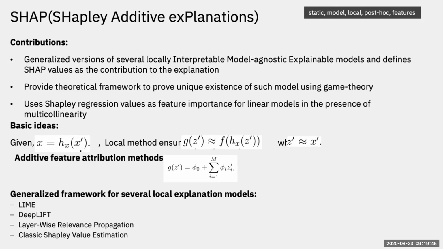And here the phi's represent basically the feature importance. Using this generic framework, they show that many existing local explanation models can easily be cast into this framework. Examples include LIME, DeepLIFT, layer-wise relevance propagation, and the classic Shapley value estimation.